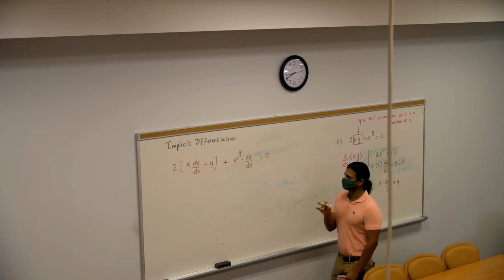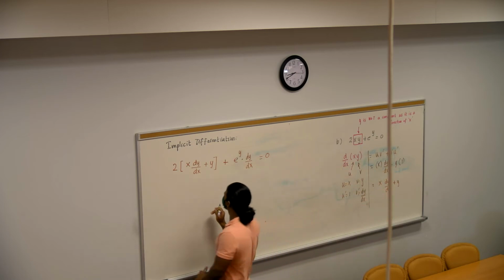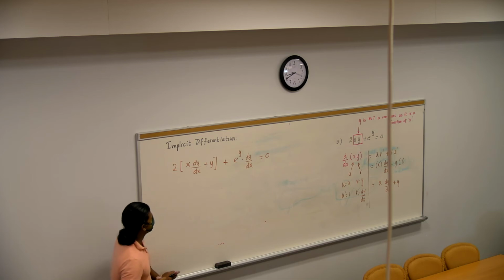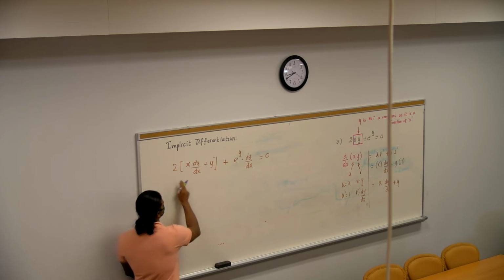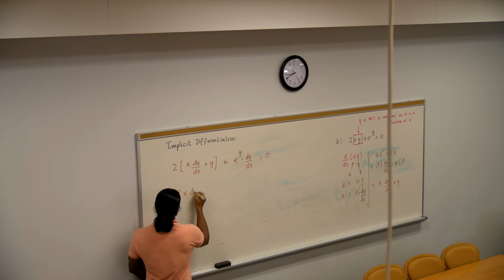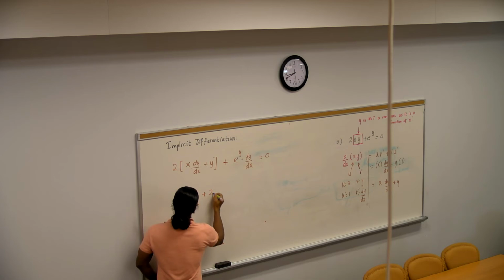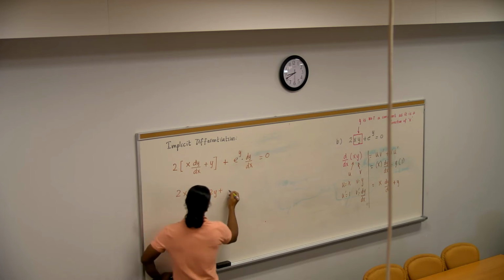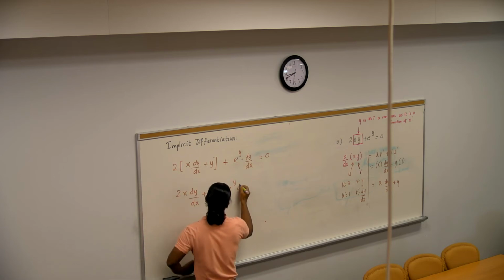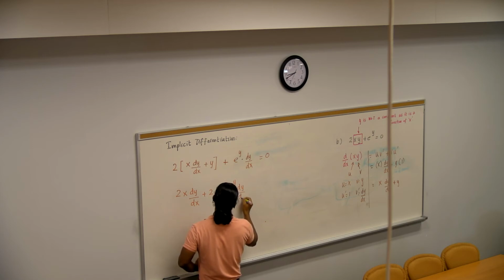If we combine the derivative terms, we should be able to solve for dy over dx. Distribute the 2, we have 2x multiplied by dy over dx plus 2y plus e raised to y multiplied by dy over dx.